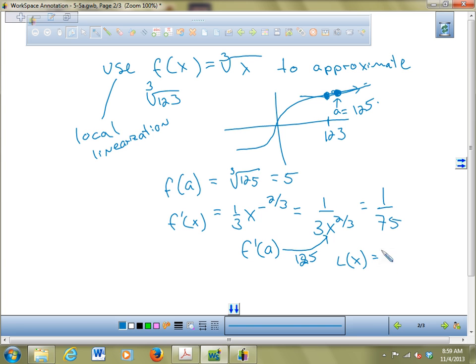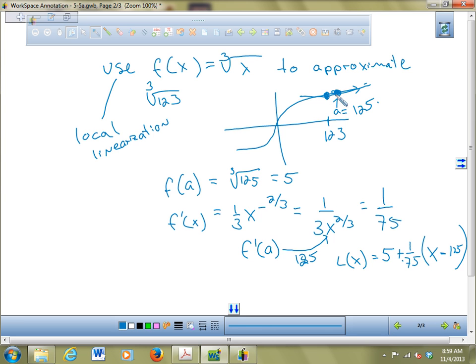L of x is equal to a, which is 5, plus 1 over 75 times x minus a, and in this case, a is 125. So this is my equation of the tangent line at this point, okay?